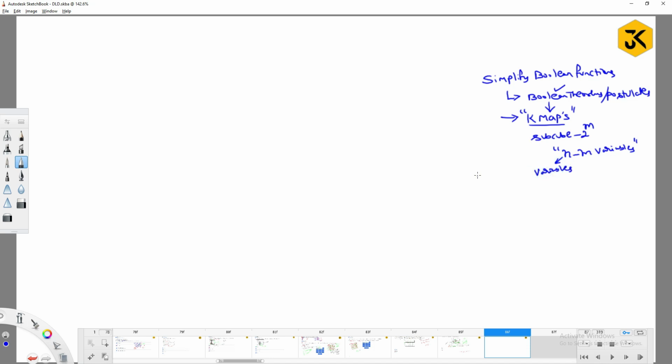Okay, fine. So here, when you are trying to do this particular procedure, we may get certain kinds of redundant terms also, right?